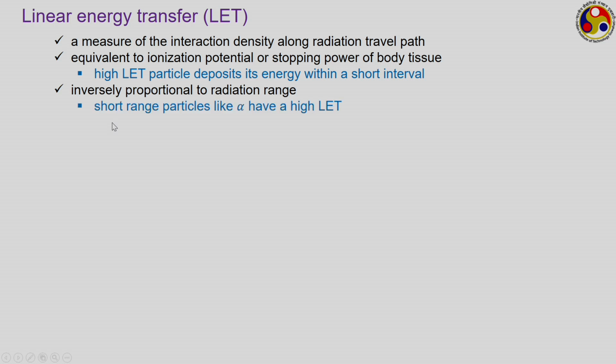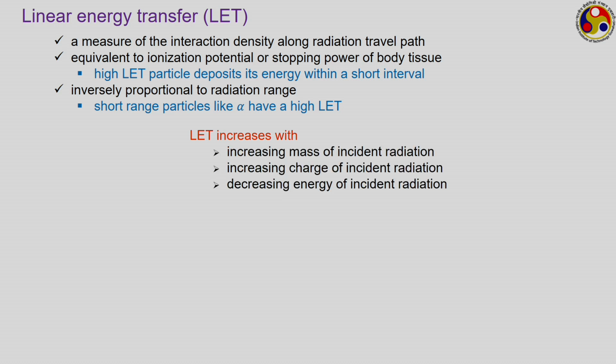It is inversely proportional to the radiation range, like short range particles such as alpha have high LET. However, LET increases with increasing mass of the incident radiation, decreasing charge of the incident radiation, and decreasing energy content of the incident radiation.